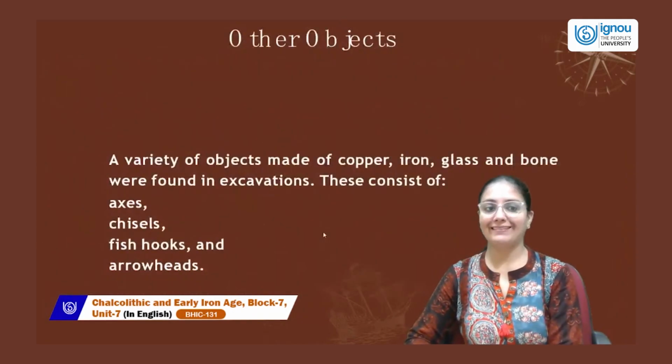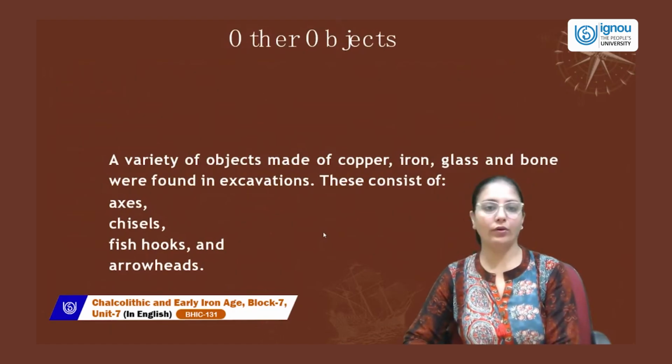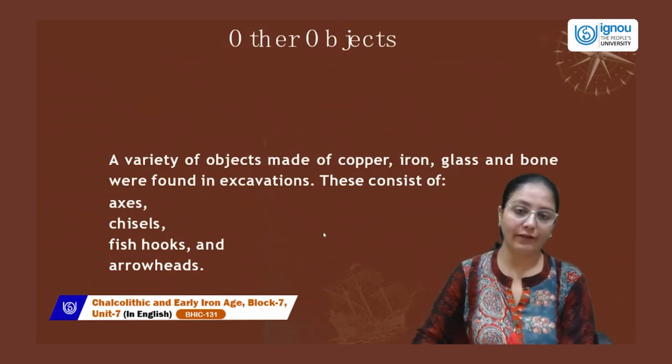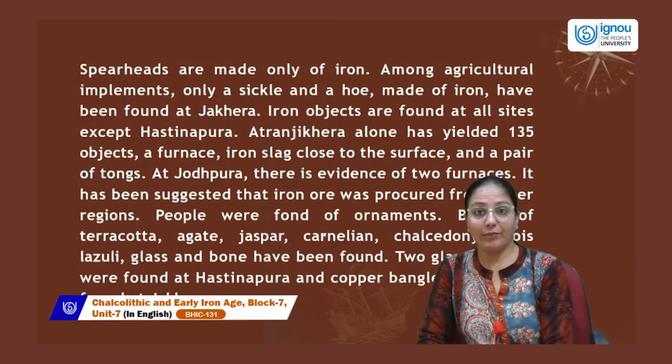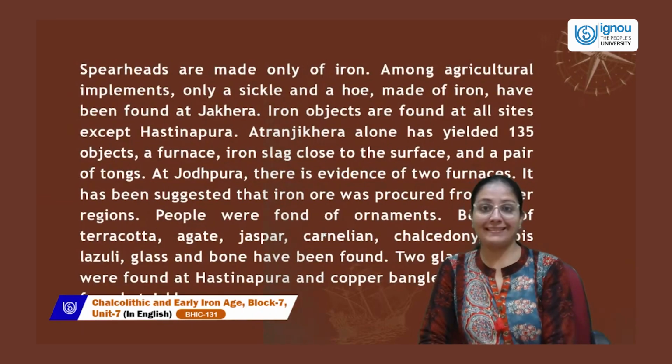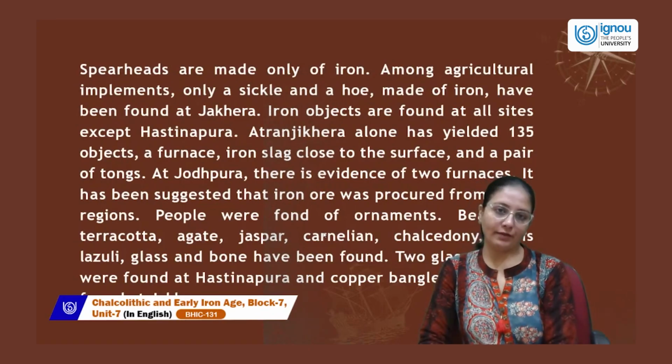Other objects like axes, chisels, fish hooks, arrow weights, a variety of objects made of copper, iron, glass, bone, we have found in these excavations in PGW, Painted Grey Ware culture. Spearheads are made only in iron. Among agricultural implements, sickle and hoe made of iron were found in Jakhera.